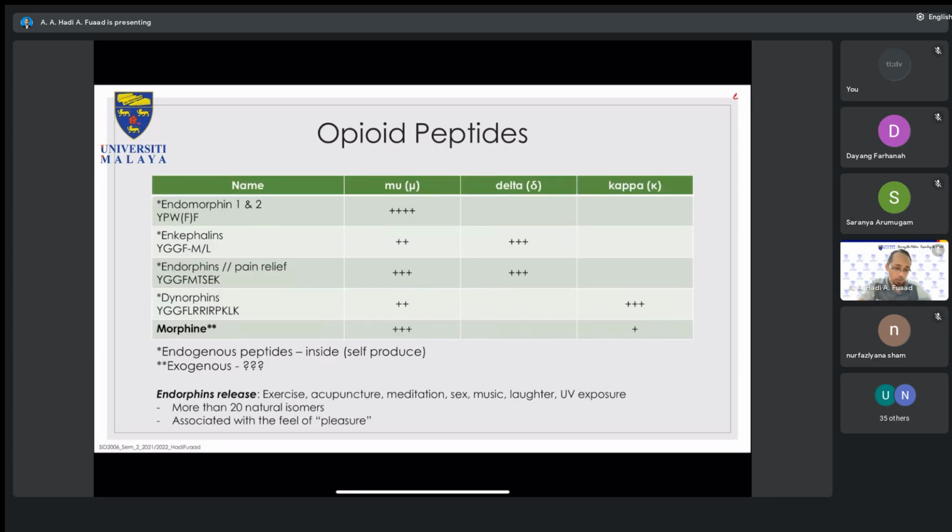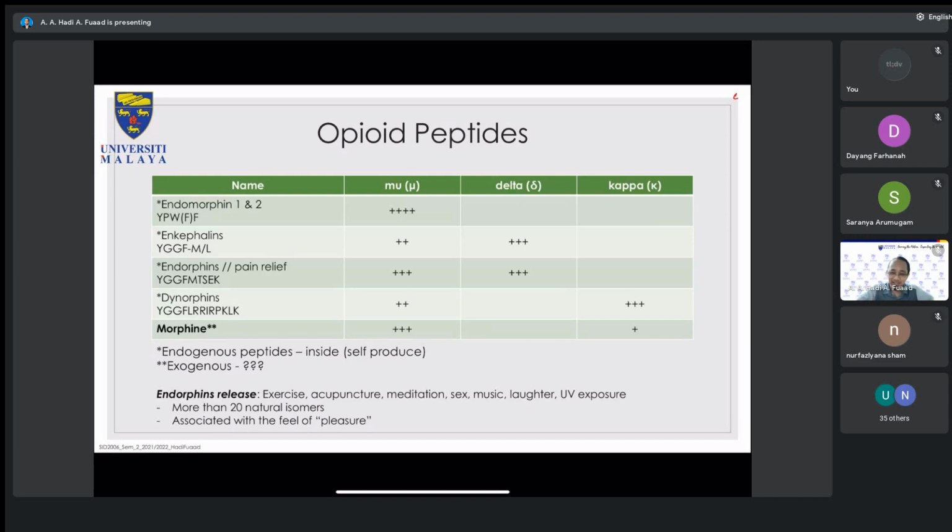We are not going to look at cannabinoid receptors, but we're going to look at opioid receptors and opioid peptides, the endogenous peptides that I mentioned. Why? Just because we don't have enough time to cover both.